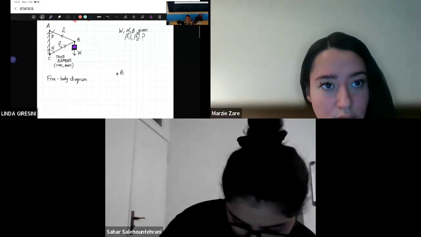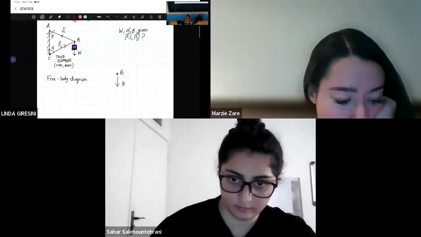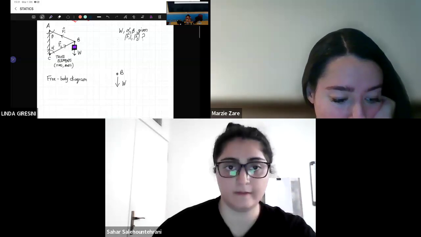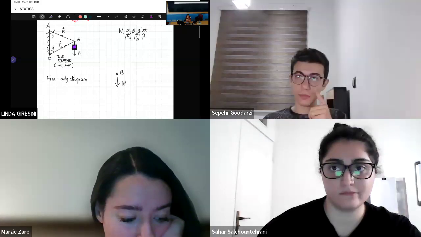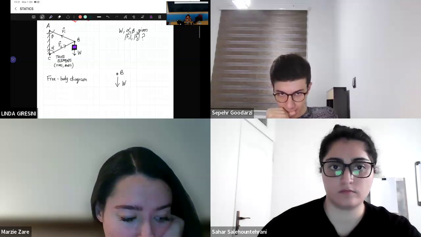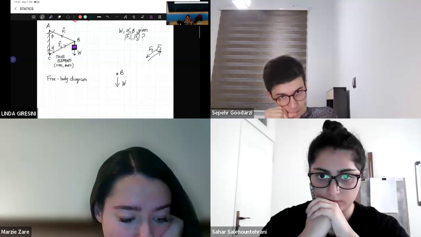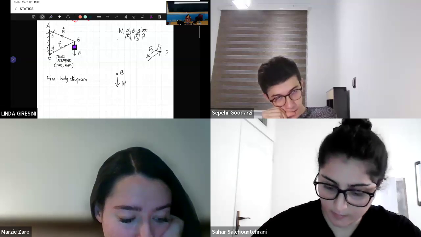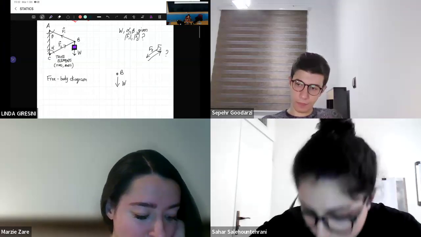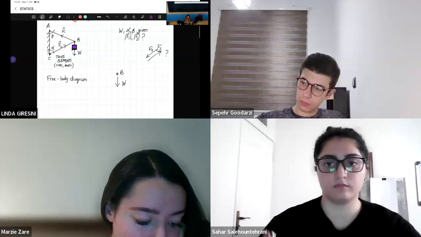You have the node B. In node B, you have the weight W, and then you have the two forces, F1 and F2. In principle, you don't know if F2, for example, is like this or like this. You know the line of action, but you don't know the direction, the verse. The same is valid for F1, for AB.